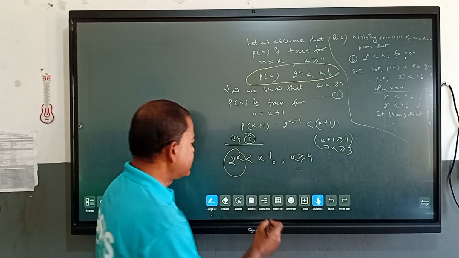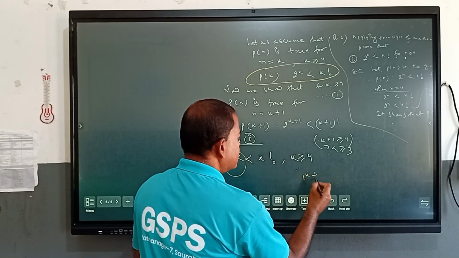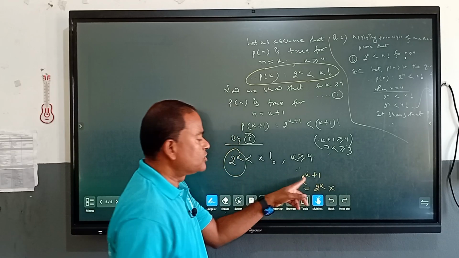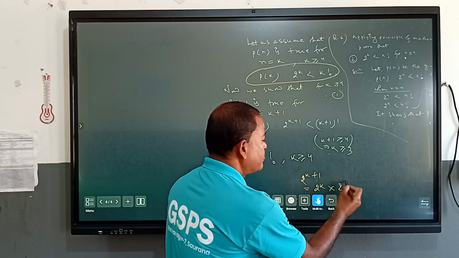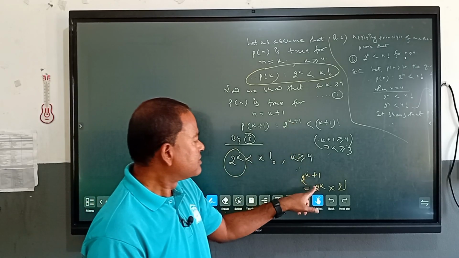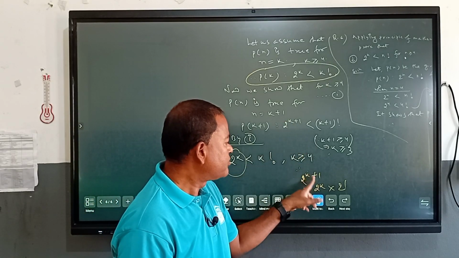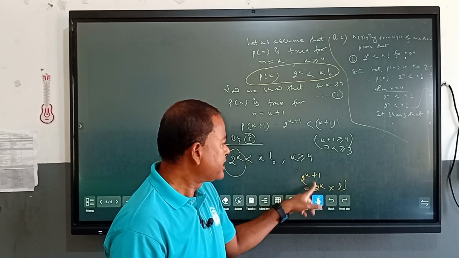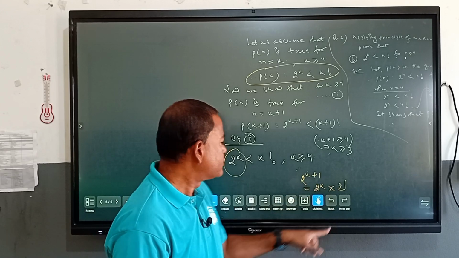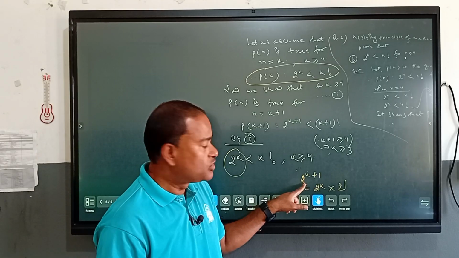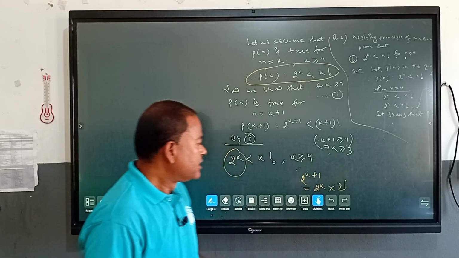We know that 2 power k plus 1 we can also write as 2 power k times 2 power 1. If we break down the expression of the left hand side, 2 power k plus 1, then we get 2 power k into 2. So this expression 2 power k we are going to change into 2 power k plus 1.